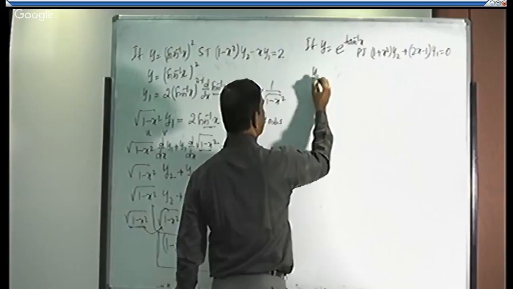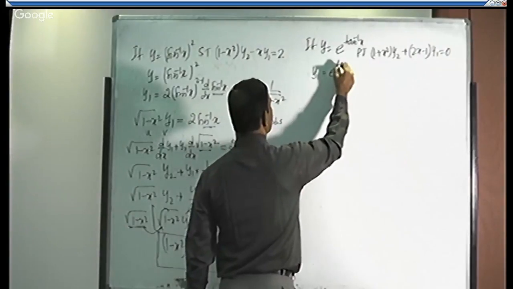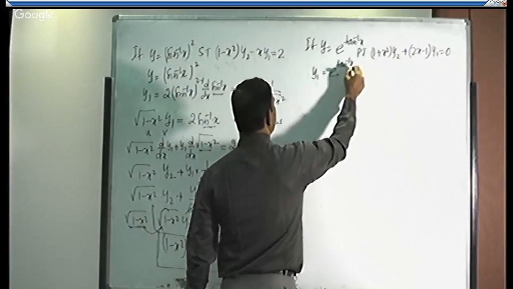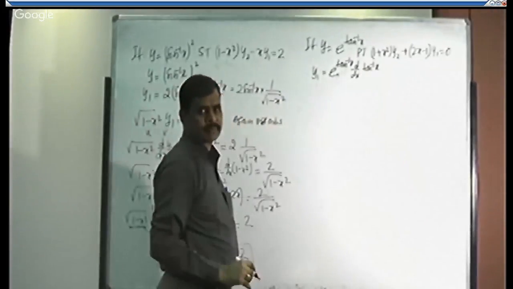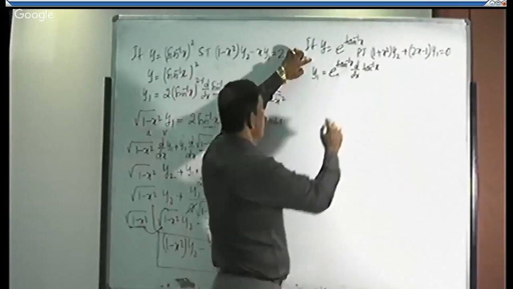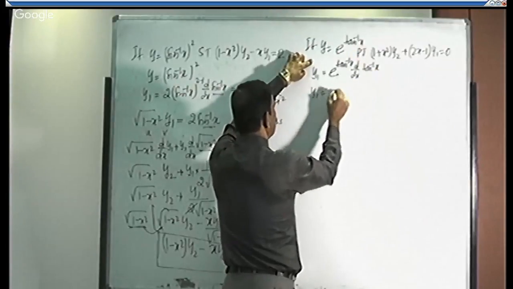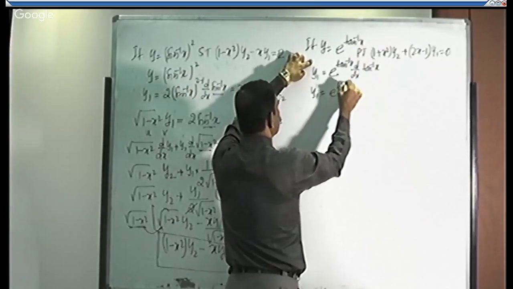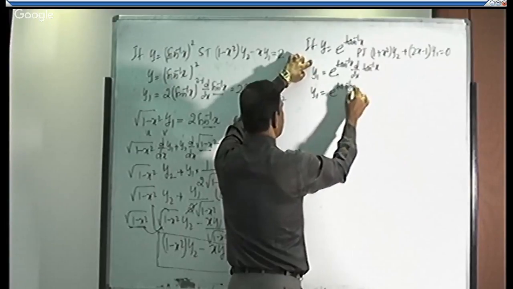Differentiating, we get what? Y1 is equal to e to the power of function into d by dx of function. What is function? Tan inverse x. Right? E power function into d by dx of function, or y1 is equal to e to the power of tan inverse x into differentiation of what? Tan inverse x.